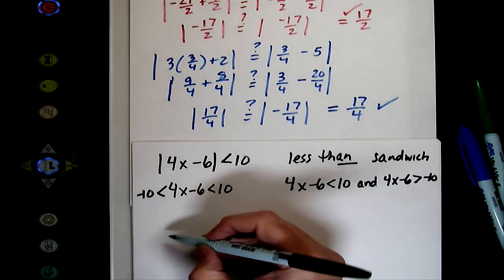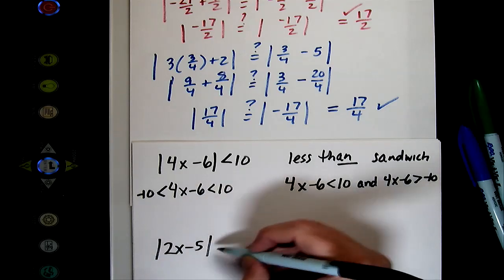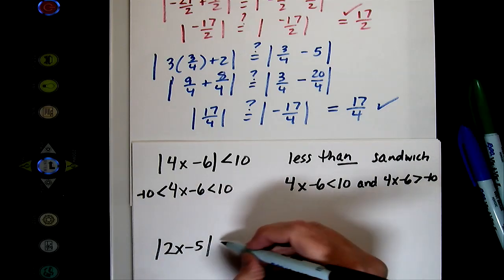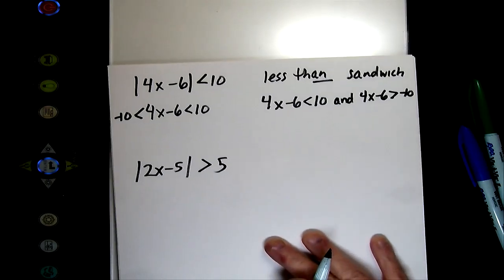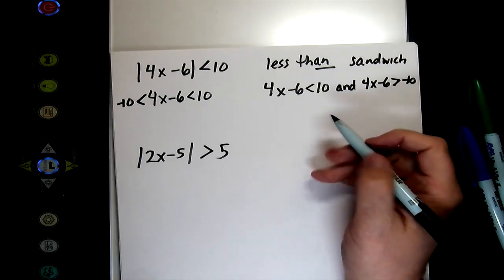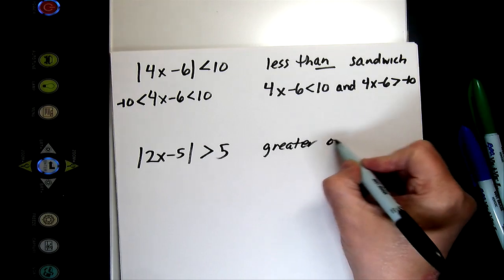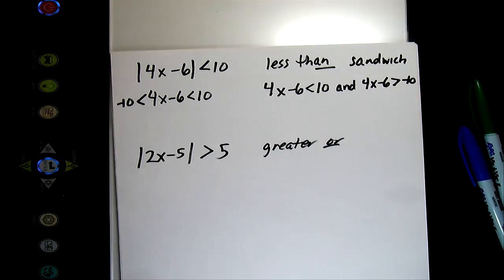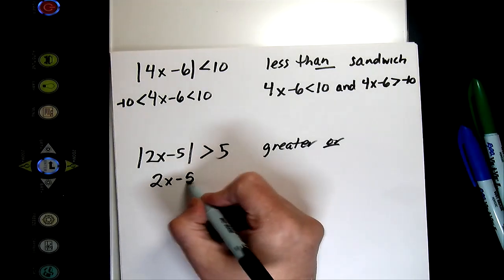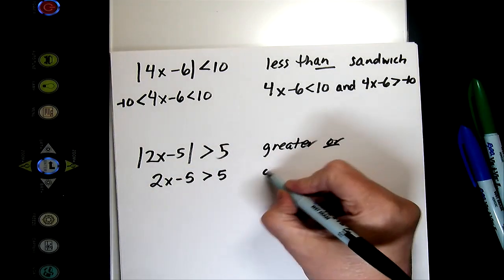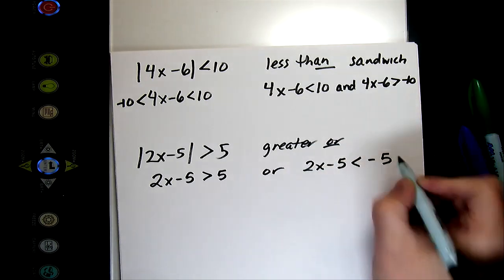If it's greater than sign, like let's say we had 2x minus 5 is greater than, I don't know, let's go with greater than 5. Why not? Greater sounds like an or. This is an or scenario. It's not going to make the sandwich. 2x minus 5 is greater than 5, or 2x minus 5 is less than -5.